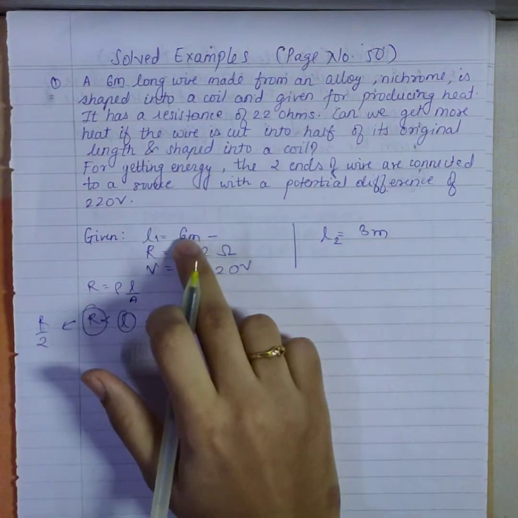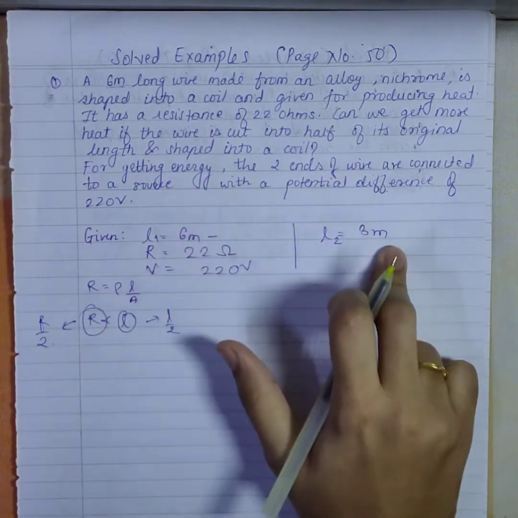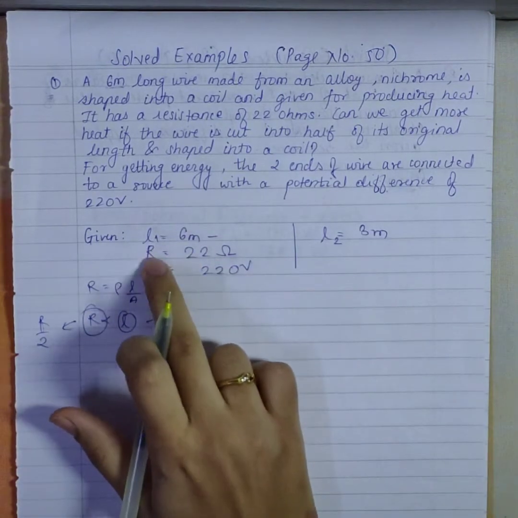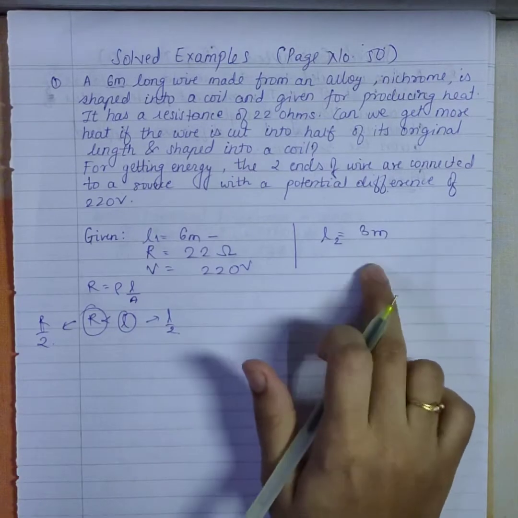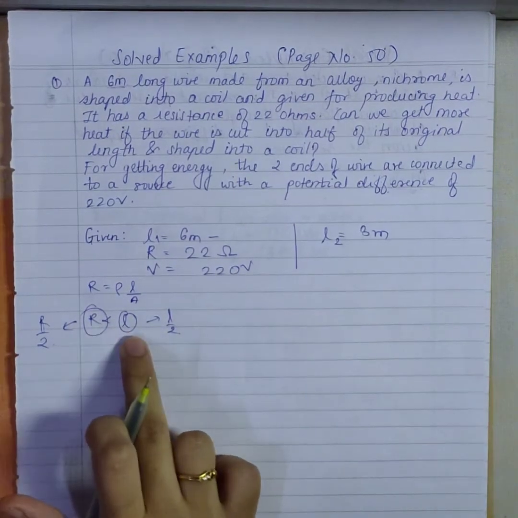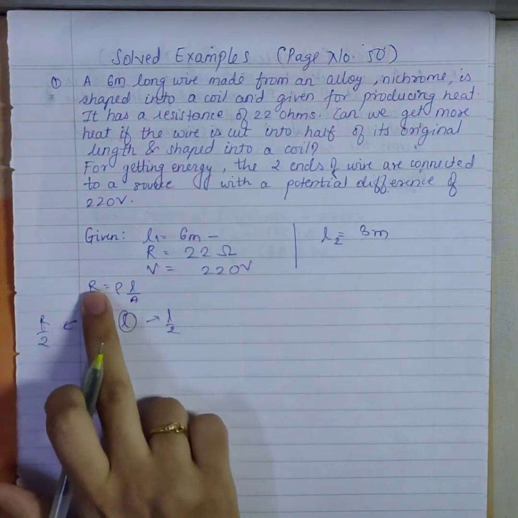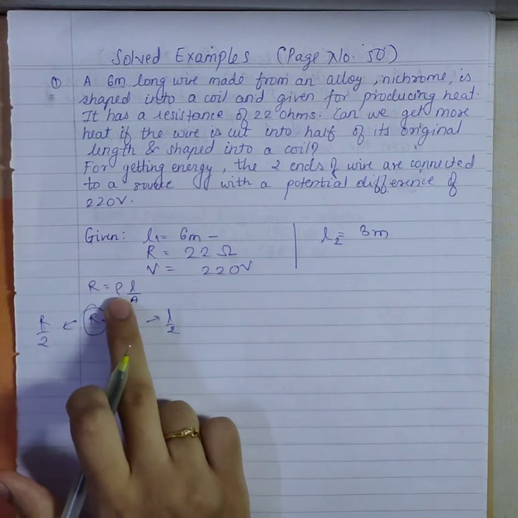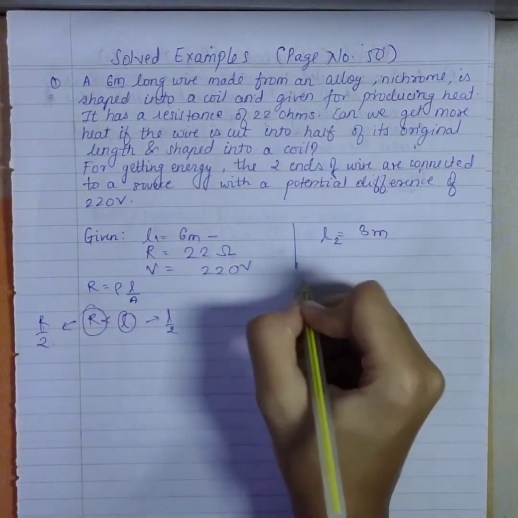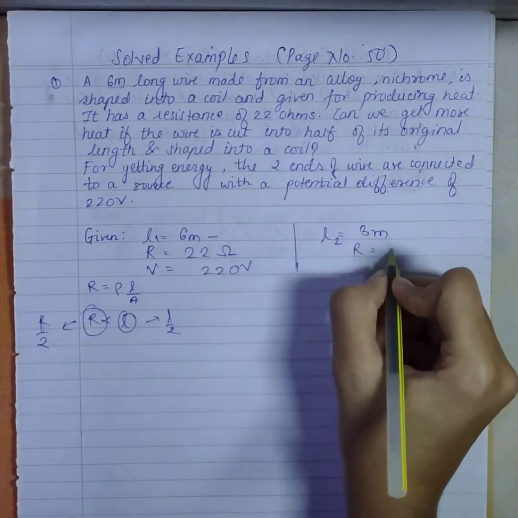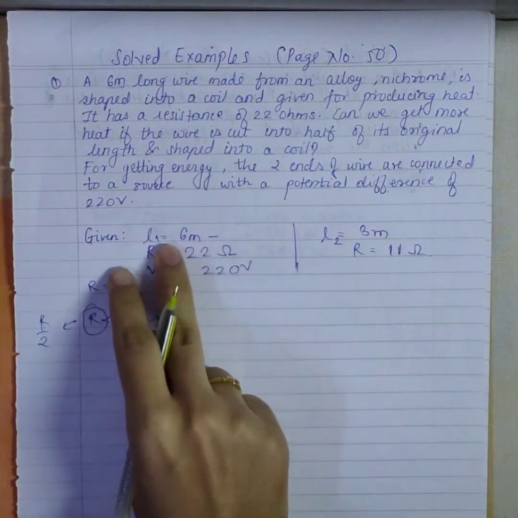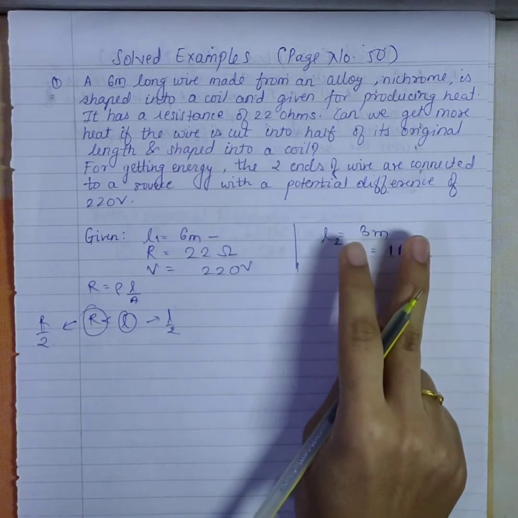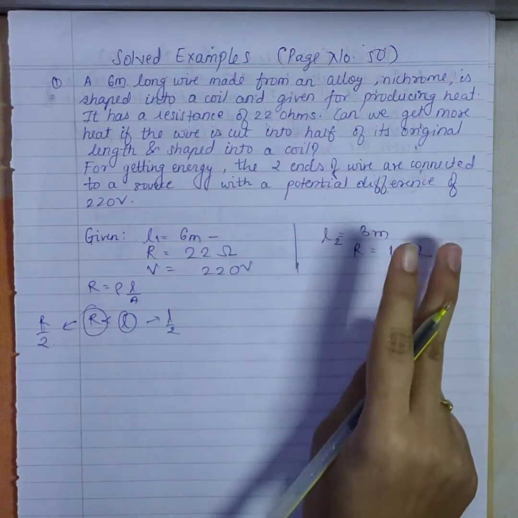Therefore, if my length is 6 meter and it is becoming half, then if my R is 22 ohms, that will also become half. Why? Because R and L are directly proportional by the formula R is equal to rho L by A. So my R will become 11 ohms in my second case when the length is cut into half.